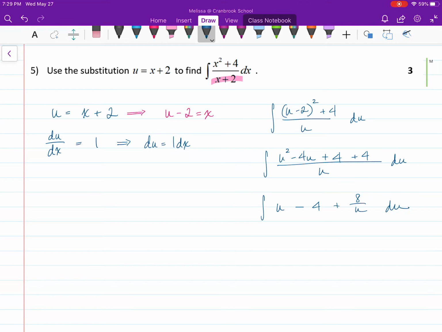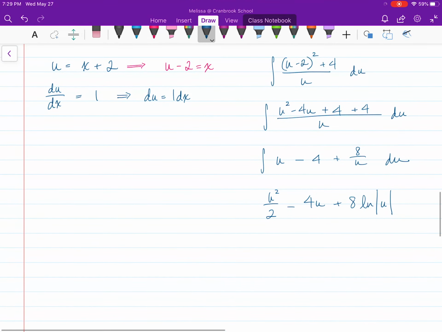And now we can integrate each term independent of each other. So that becomes u squared on 2 minus 4u, and then plus 8 ln absolute value of u, because of the domain restriction with ln.